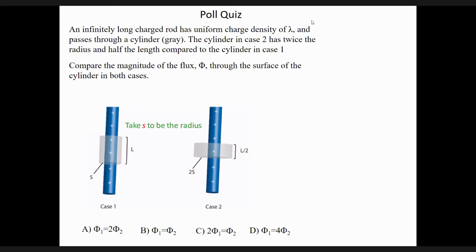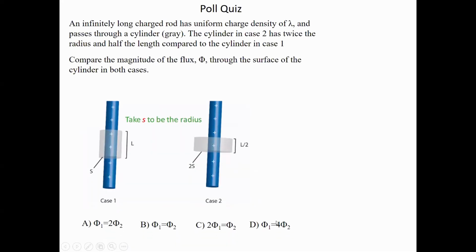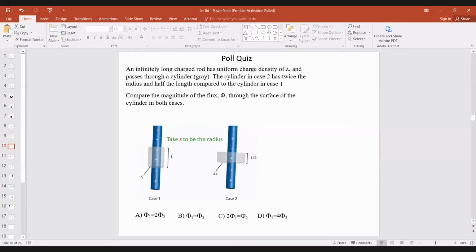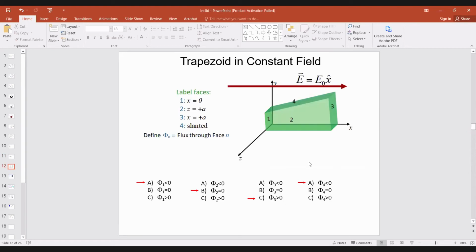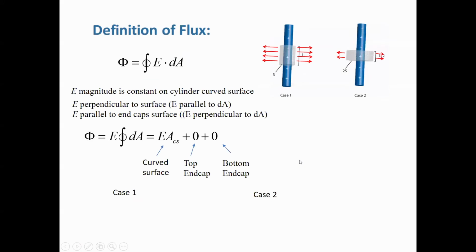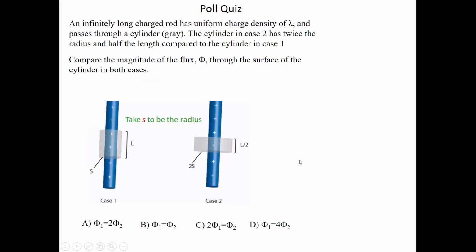Multiple choice. What do I have here? It's A, B, C. Now it's vanished. Good Lord. You already see the answers, so it's going to be an easy quiz. I just don't understand why it's a question.